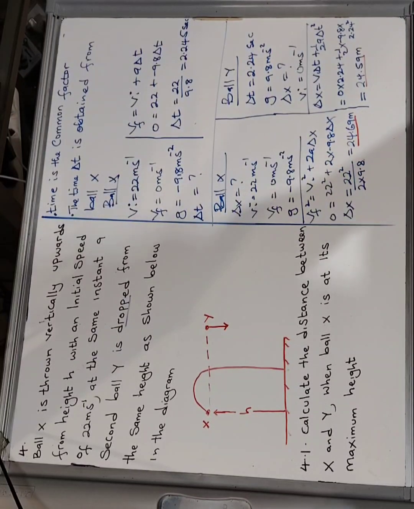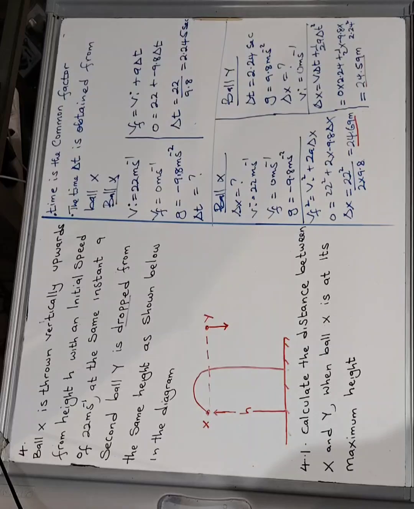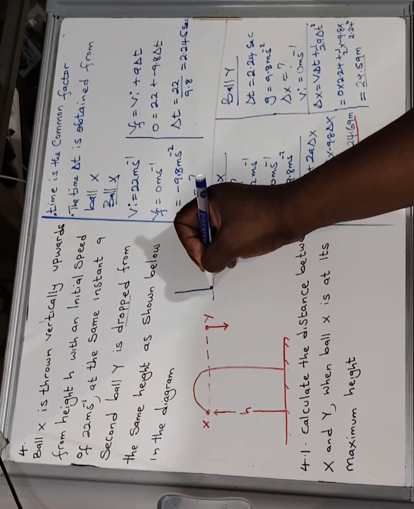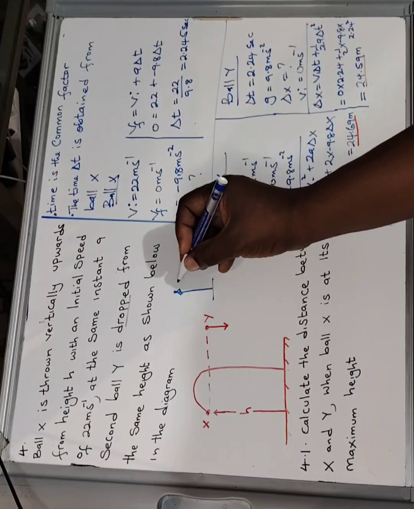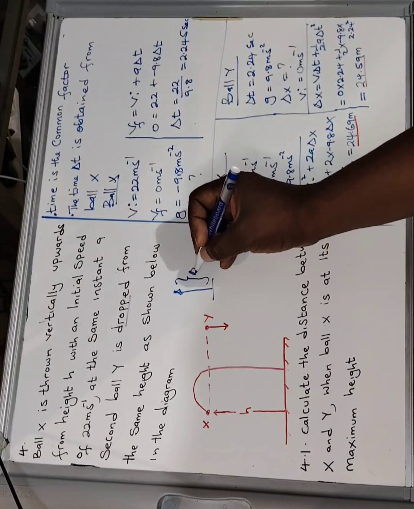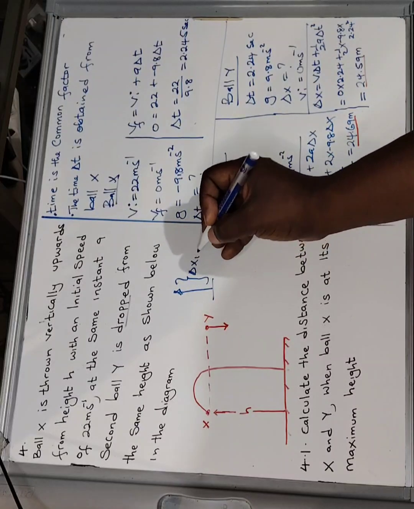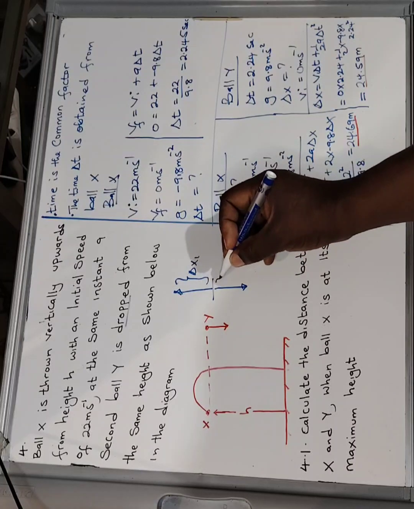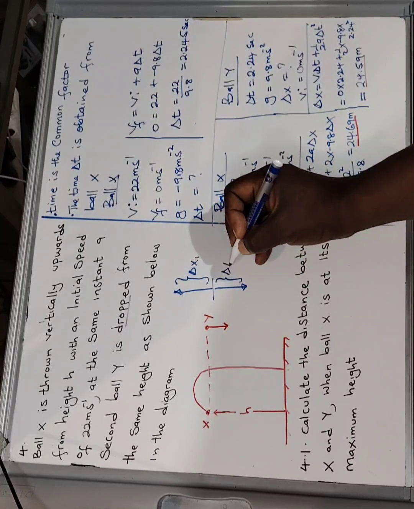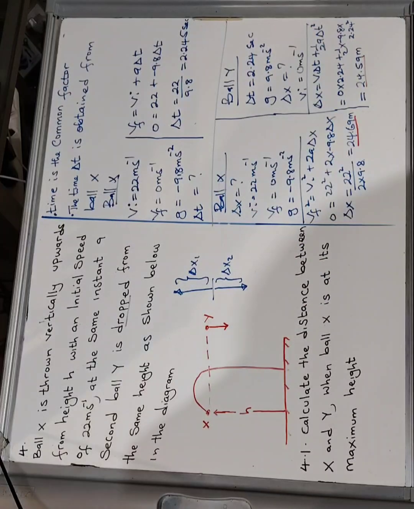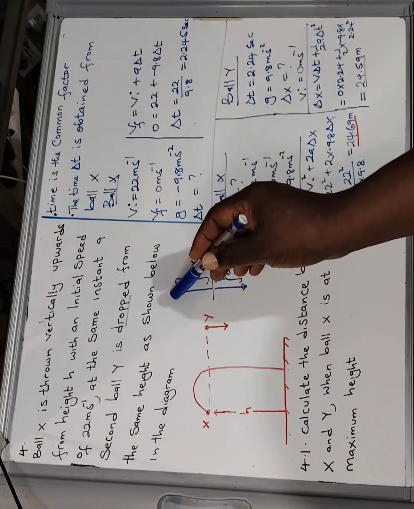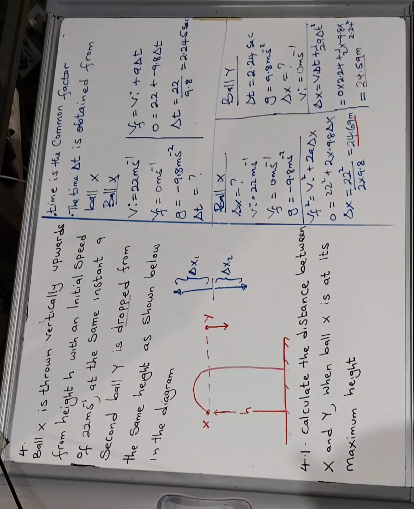So from here you have to realize something. As ball X goes upwards, covering displacement delta x1, ball Y is moving downwards, covering displacement delta x2. So when the question is looking for the distance between the upper and the lower, you are going to find yourself adding the two.